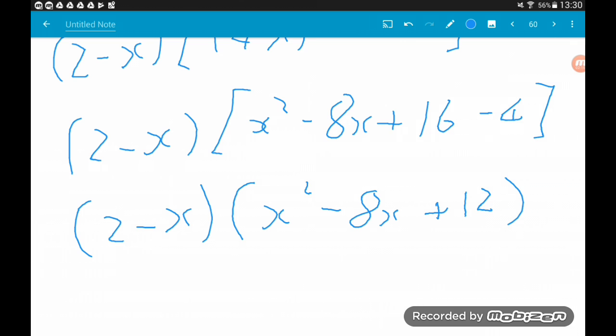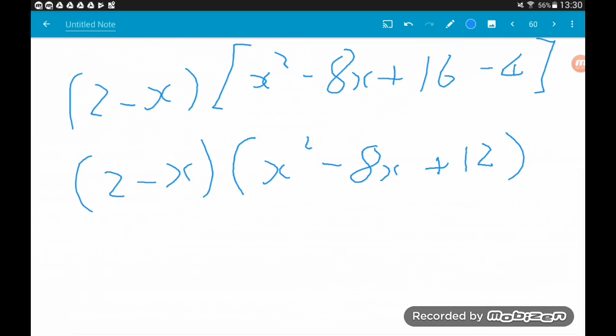So, we've now got a linear factor, which is our 2 minus x, times a quadratic factor, which is our x squared minus 8x plus 12. Can we factorise the quadratic? Yes, we can. So we've got 2 minus x.